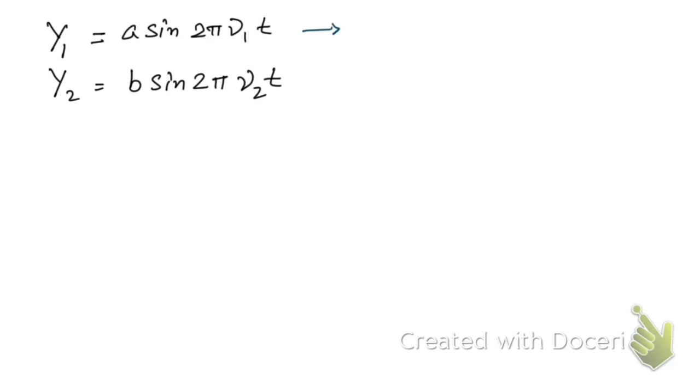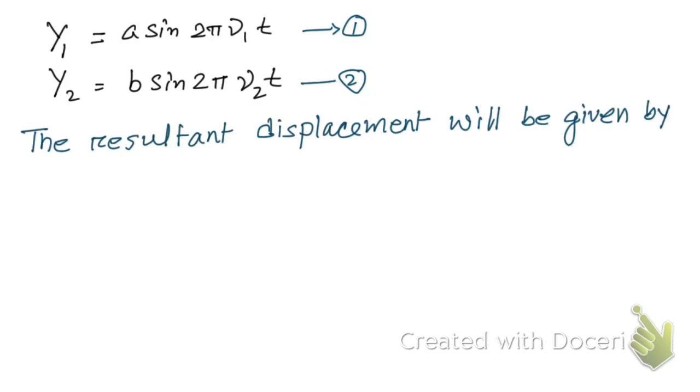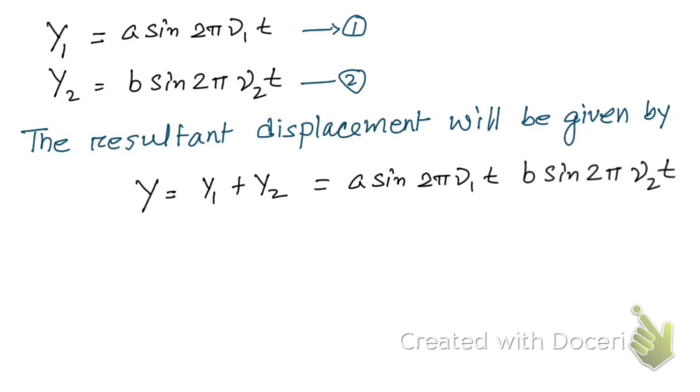This is equation number 1 and this is equation number 2. The resultant displacement will be y equal to y1 plus y2, so we add these two equations. Hope you have understood this.